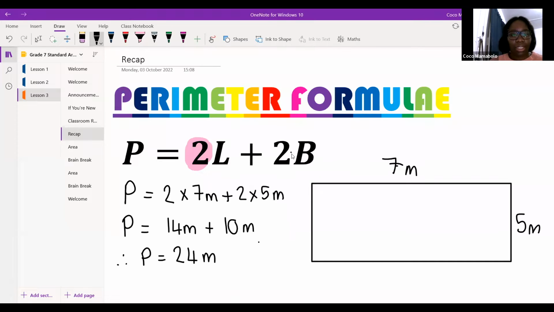Easy. But we need to learn this formula, because as you go up in the grades, there are going to be funky things like X's and Y's, and you need to remember the formula. It's very important that the formula is correct.